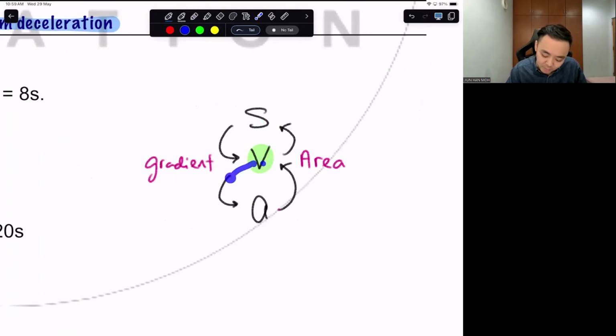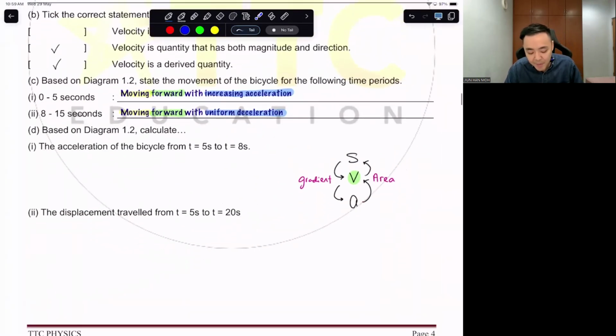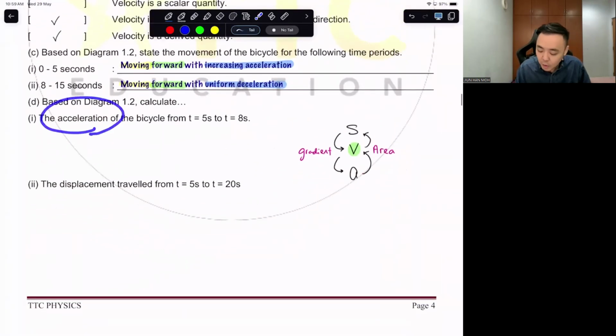From here, go down. What does it say here? That is called gradient. If you calculate area, you end up going up, and you get displacement. So for a velocity graph, if you want to calculate acceleration, you go down by calculating the gradient of the graph. If you want to calculate displacement, you go up by calculating the area of the graph.